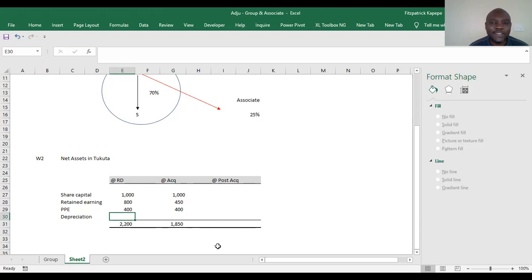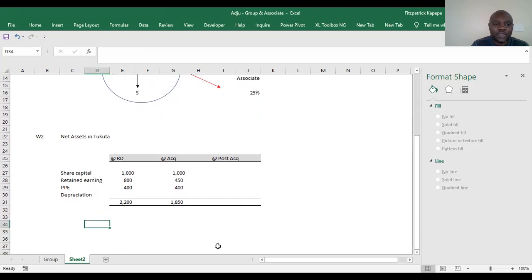Property, plant and equipment 1540. How much?